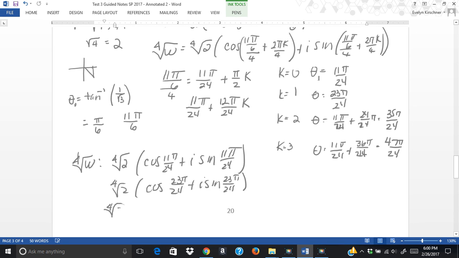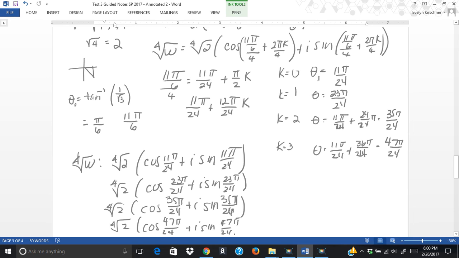The fourth root of 2 times the cosine of 35 pi over 24 plus i sine of 35 pi over 24. And finally, the fourth root of 2 times the cosine of 47 pi over 24 plus i sine of 47 pi over 24.